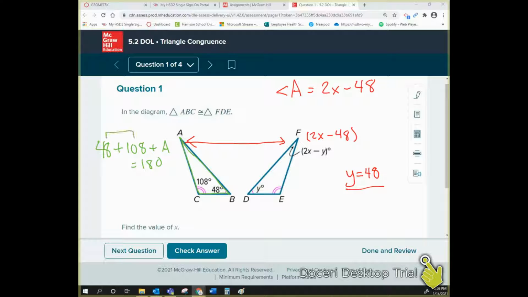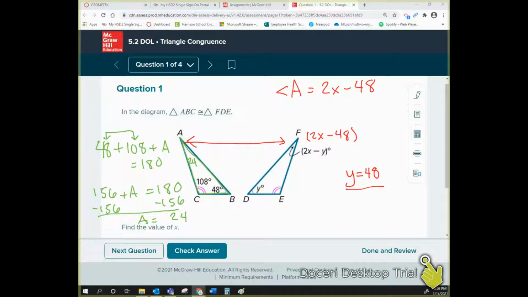Well, I'll combine my like terms. 156 plus A is equal to 180. And if I subtract 156 from both sides, I find out that A is equal to 24. So now I know angle A is 24.